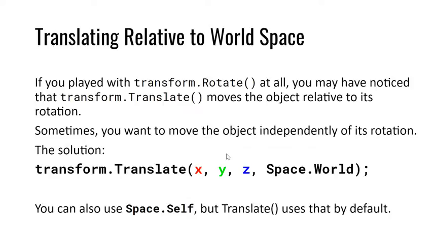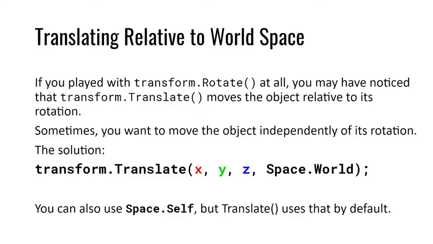Wait. X, Y, Z. Yeah. Wait, so when we use translate originally, we had to use arguments. So does translate actually just take 4 arguments, but there's a keyword, like a default value? No. There are 4 different versions of translate with the same name. It's called function overloading.